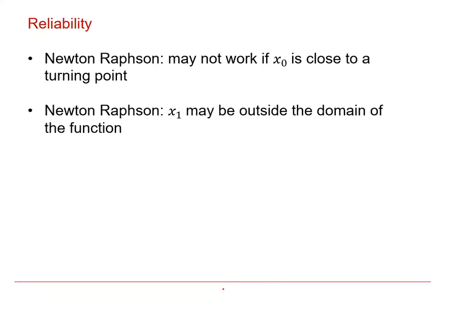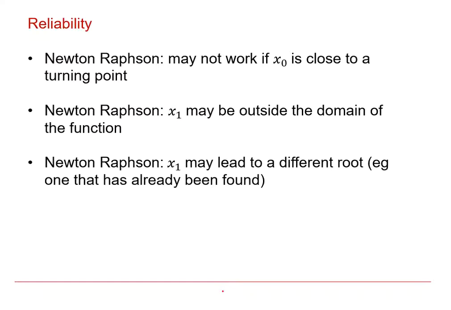And of course this could happen at any point, so I've mentioned x1 on the screen here, but this applies to any value of the estimate. Also at any stage with the Newton-Raphson method, there's always a danger that our estimate, either x1 or a later estimate, could stray away from the root that we're looking for to another one that we've already found, perhaps.